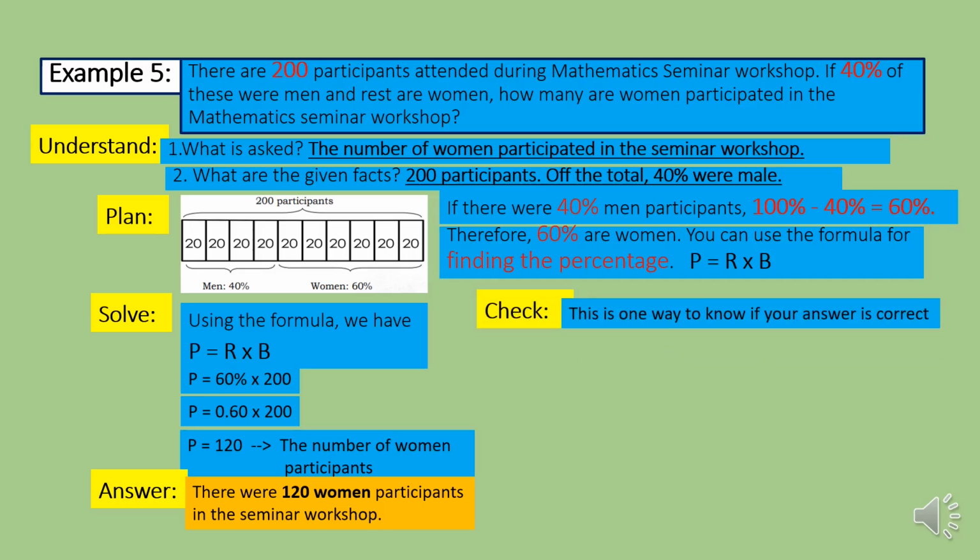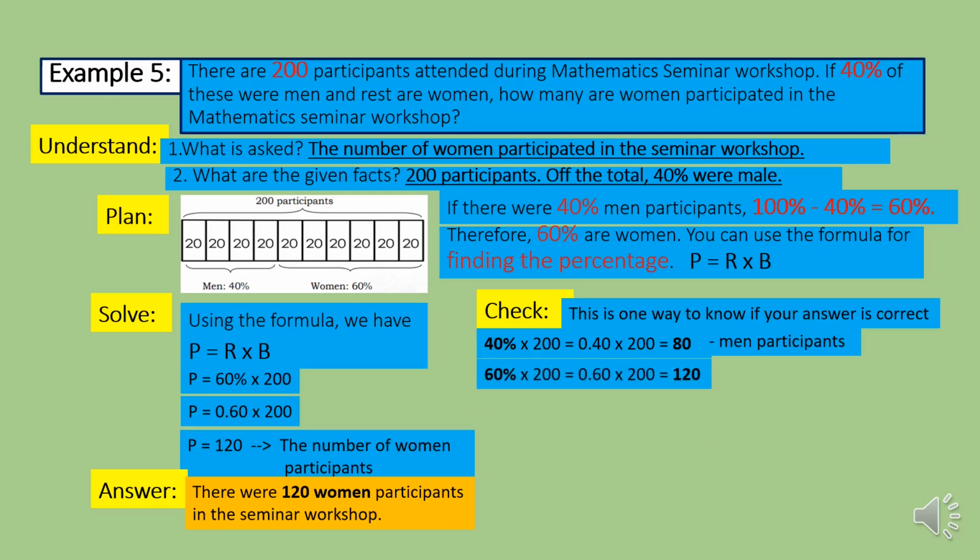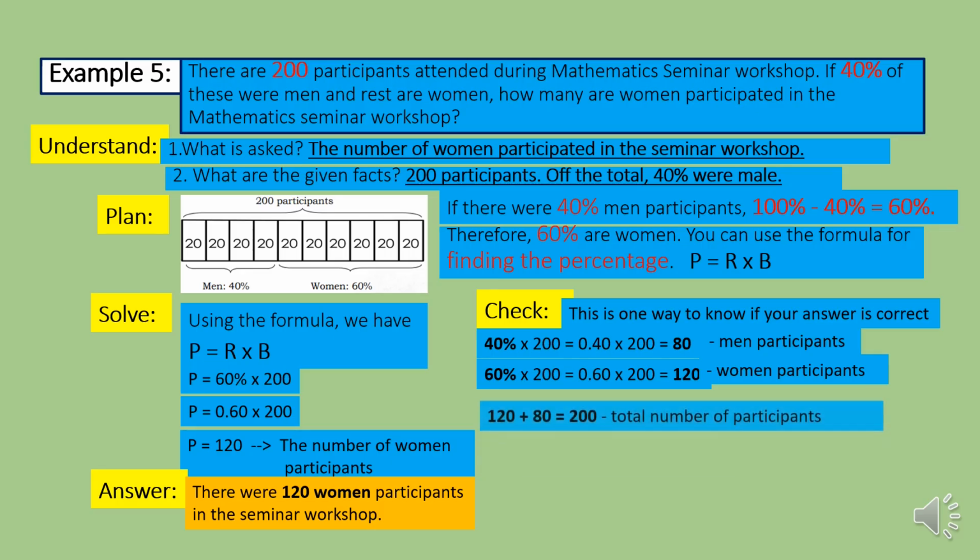For checking, this is one way to know if your answer is correct. 40% of 200, that is 80. And that 80 are men participants. Then 60% times 200, ayan ay 120. At yun naman ang mga women participants.